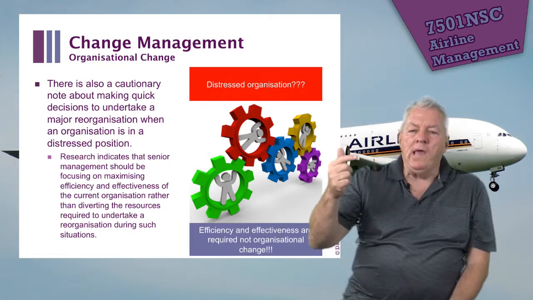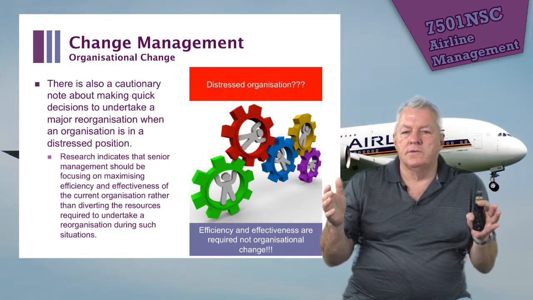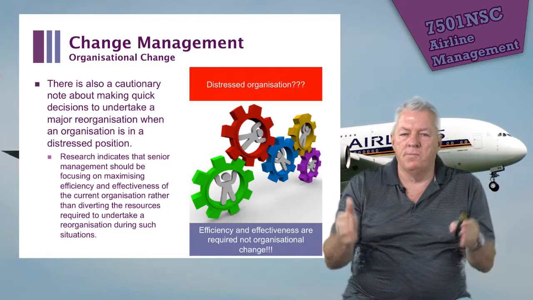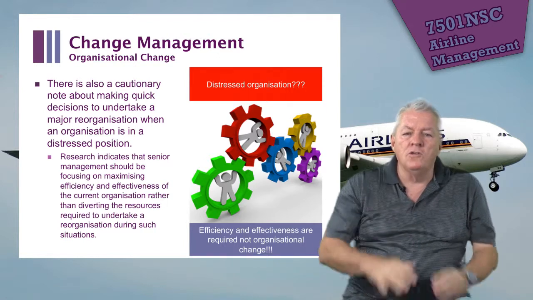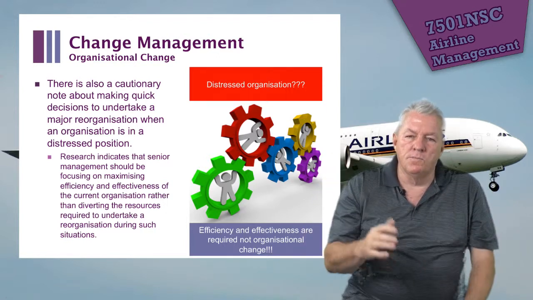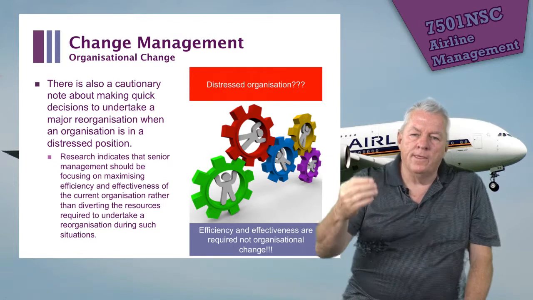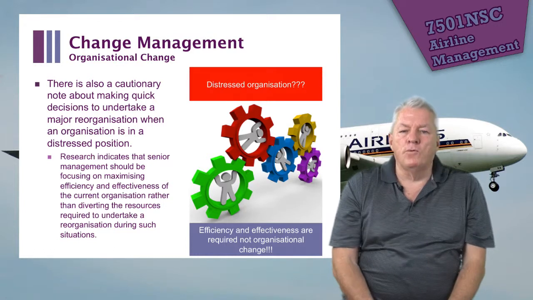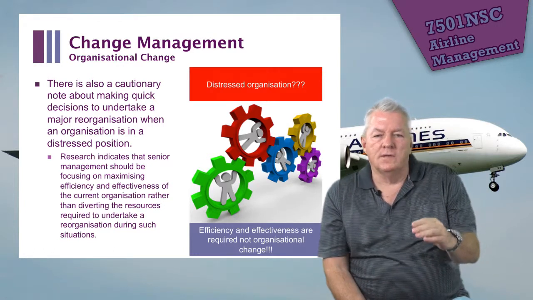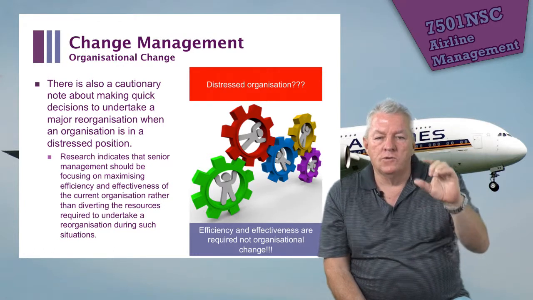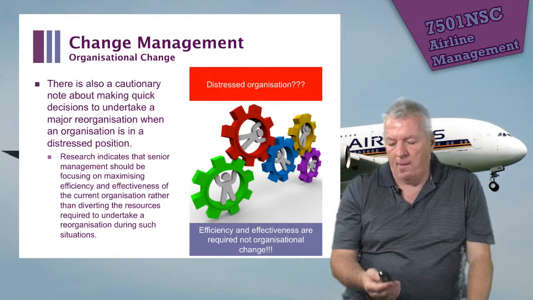It means that if your organisation is distressed, you're having troubles with profitability or you're having troubles with output, you shouldn't be reorganising. What you should be doing is trying to fine-tune the organisation to ensure that it returns to a healthy state before you take on such tasks as reorganisation, which do take resources up.